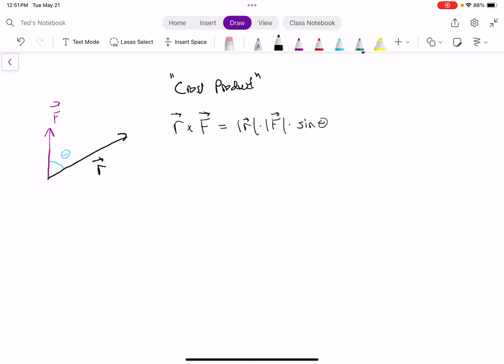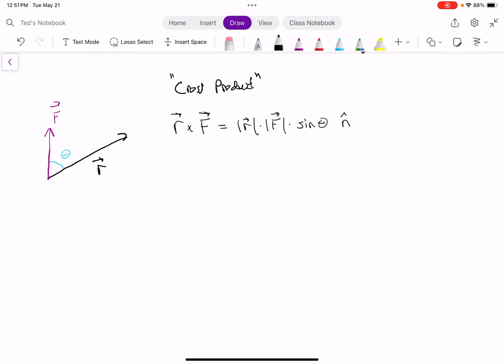But it also has a direction. I'm going to call it n hat, and n is a unit vector that points in a particular direction.